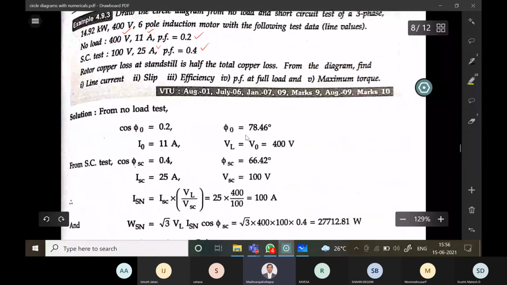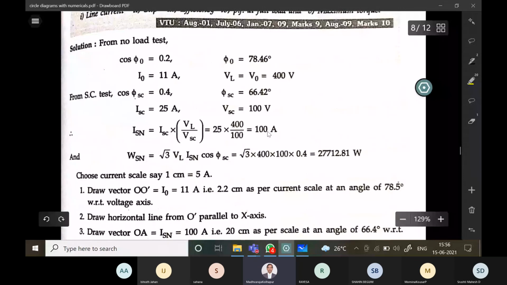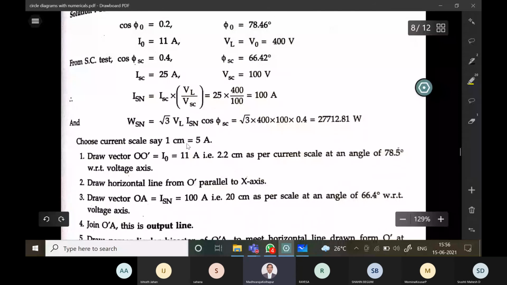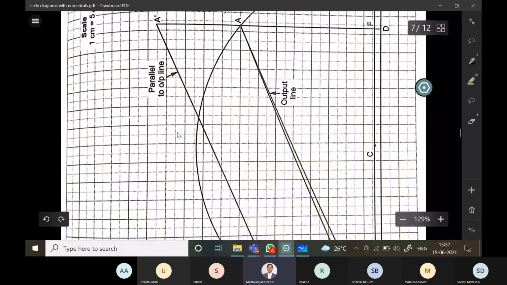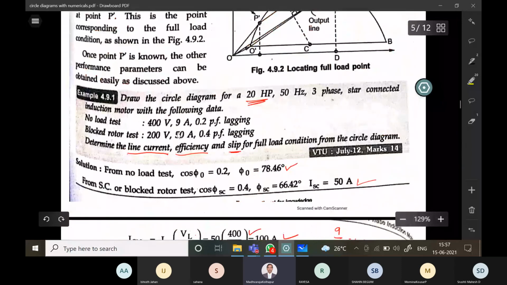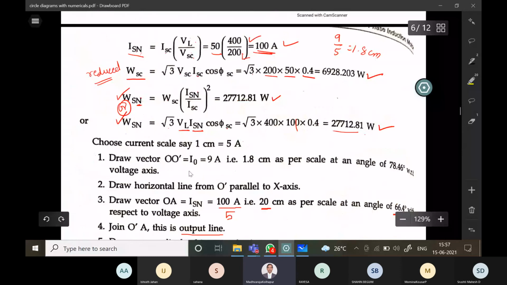You will get WSN, ISN, everything the same. Same scale, 1 centimeter is equal to 5 ampere, and O dash I naught is 2.2 centimeter as per the scale with an angle of 78.5 degree, and this is 66.4 degree. In the previous case we had 9 ampere in the no load test.